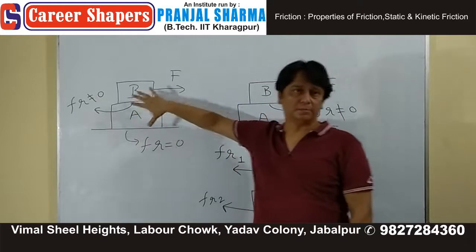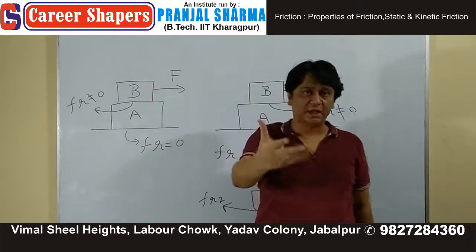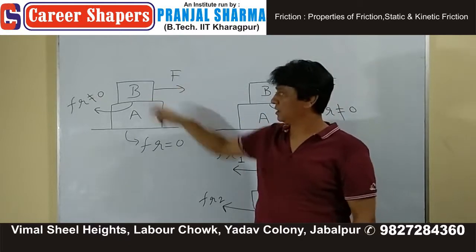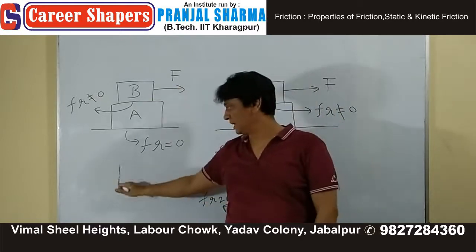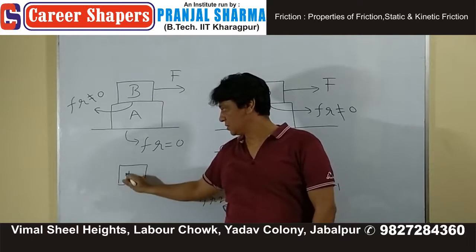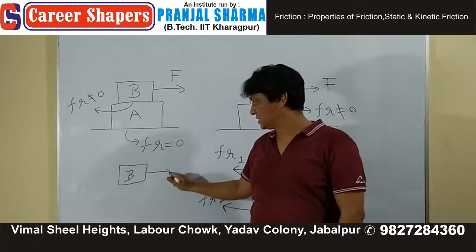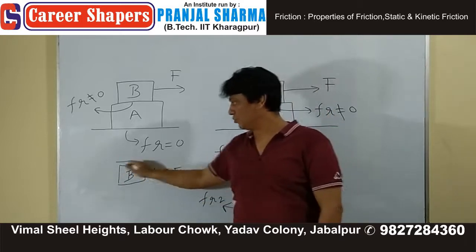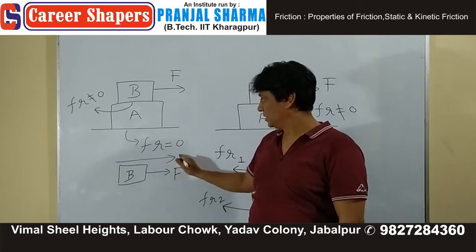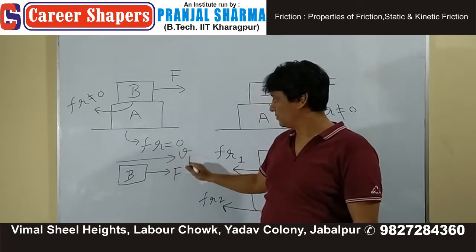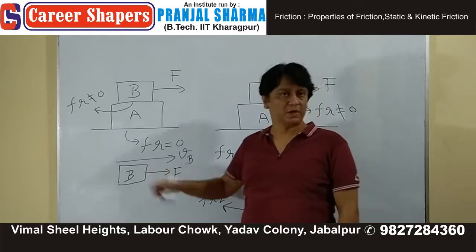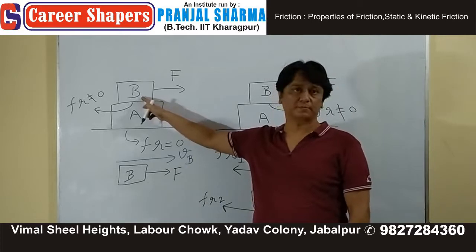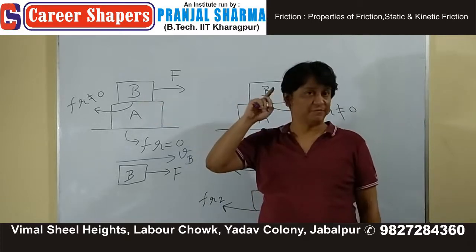For this setup, I hope it's clear that if somebody tries to pull B, this B will always move east. This B, since it is under a force of F, is always going to move. The velocity of B, this blue arrow, is giving you that direction. If this B moves, and I said if, what is the meaning of if?